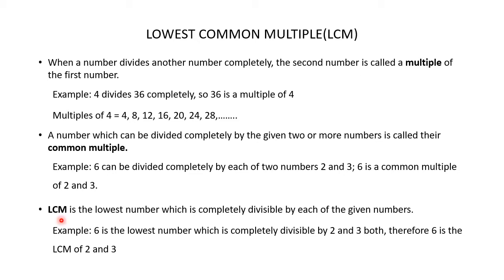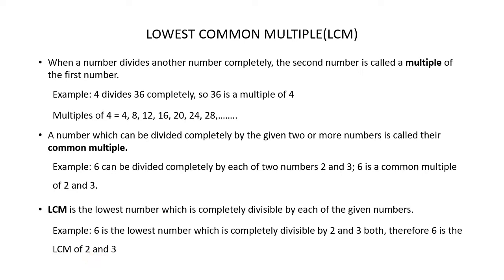Now, LCM is the lowest number which is completely divisible by each of the given numbers. Let's understand this definition with an example. 6 is the lowest number which is completely divisible by 2 and 3 both. Therefore, 6 is the LCM of 2 and 3.